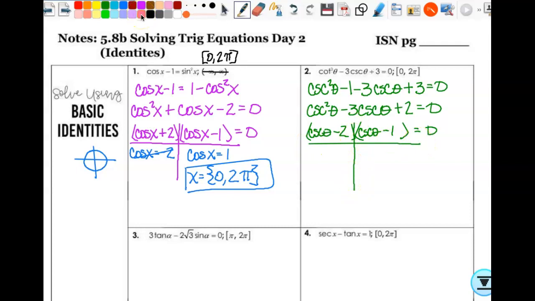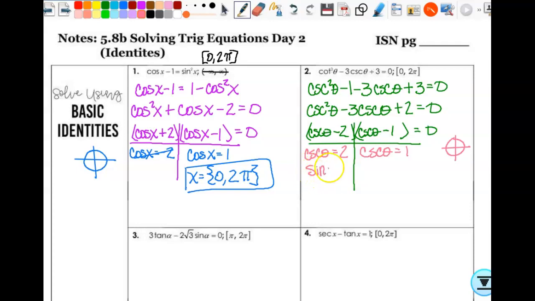And I'm going from 0 to 2 pi again, so I'm using the whole circle here. So this will give me cosecant theta equals 2, and cosecant theta equals 1. But I don't want to deal with cosecant once I get it solved like this. What's the reciprocal of cosecant? Sine.